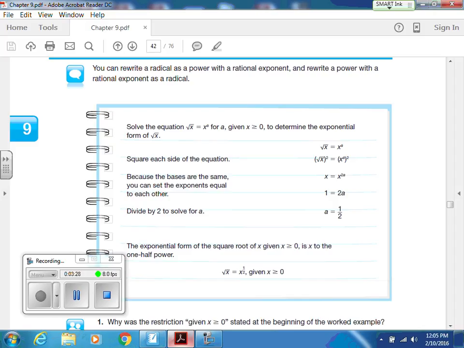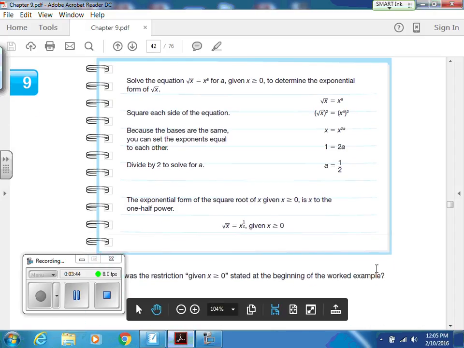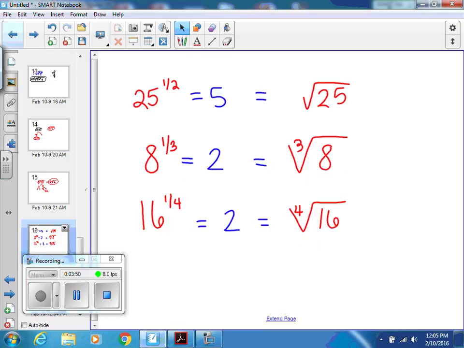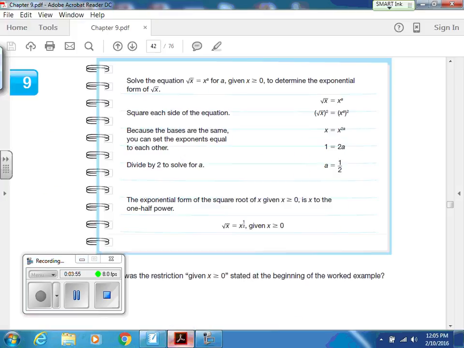So you end up with x equals x to the 2a. If the bases are the same, then you can set your exponents equal to each other. So 1 equals 2a and a equals 1/2. So this is the algebraic reason why this works out.